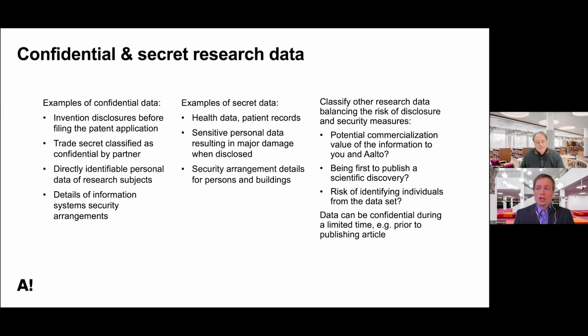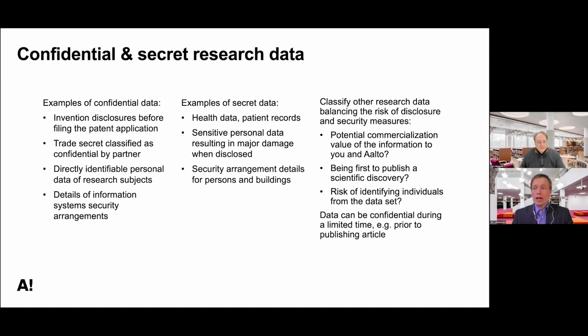And if our research partner, for example, a private organization, provides some research data, we will keep it confidential and agree with the partner what the level of confidentiality is and follow the guidelines and terms set by the partner as well.